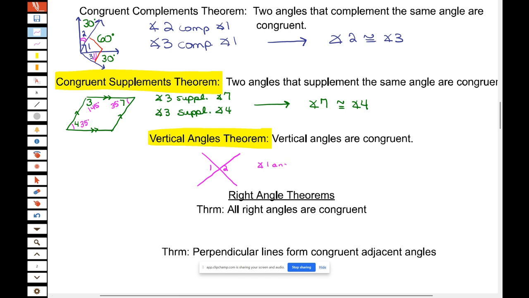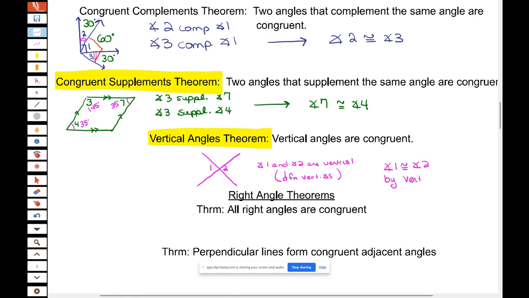That would be justified by the definition of vertical angles, because you're seeing the picture and concluding that they're vertical. So remember, the definition says what it is: vertical angles. The theorem says what it does, and what it does is that the angles are congruent.